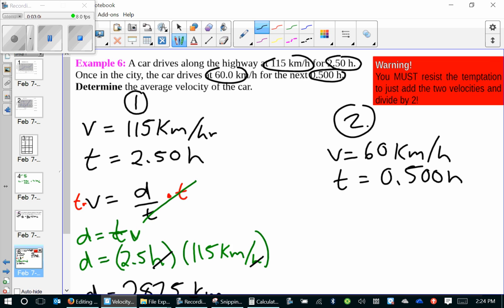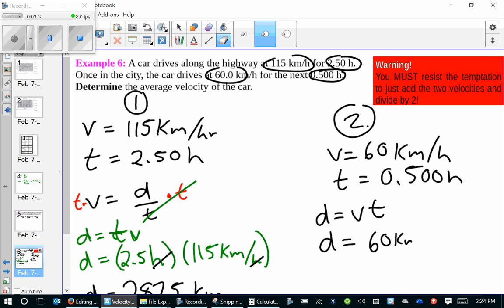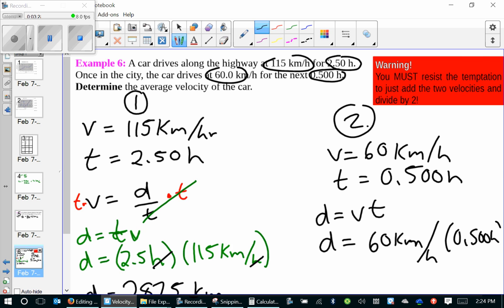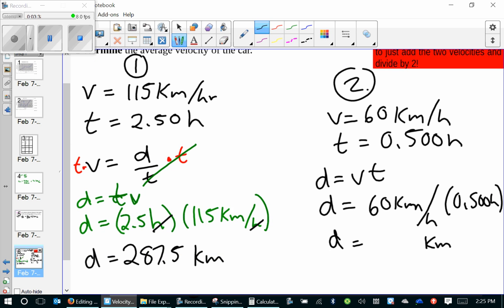Okay, using that same formula, displacement is speed times time, 60 kilometers an hour times my time of 0.500 hours. Hours times kilometers per hour is just going to be kilometers. A displacement in kilometers makes sense. 60 times 0.5 is going to be 30 kilometers.